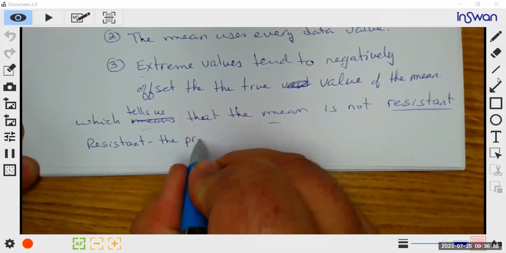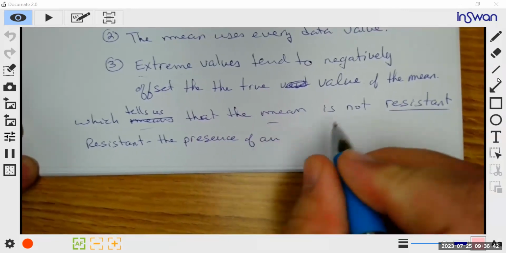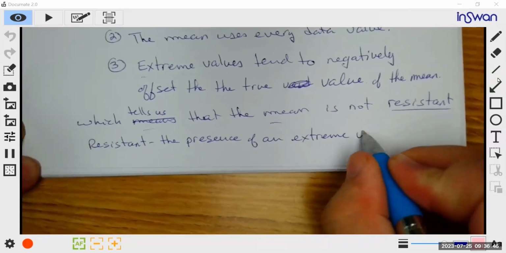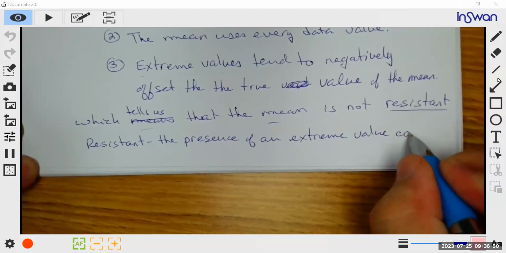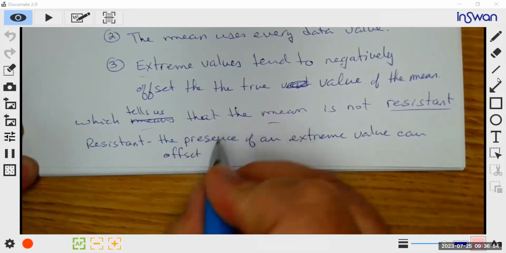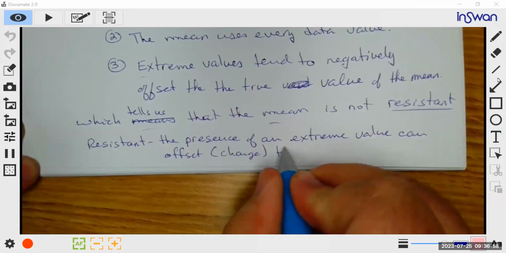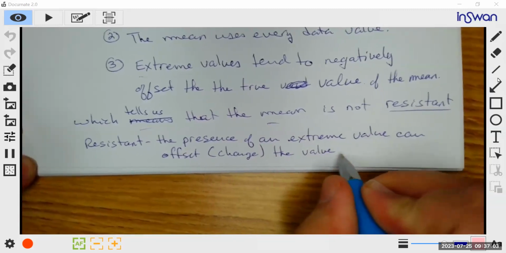The presence of an extreme value can offset or change the value.